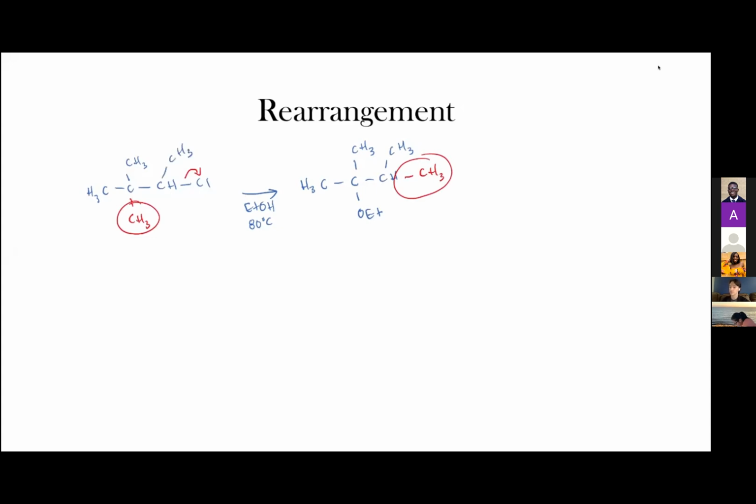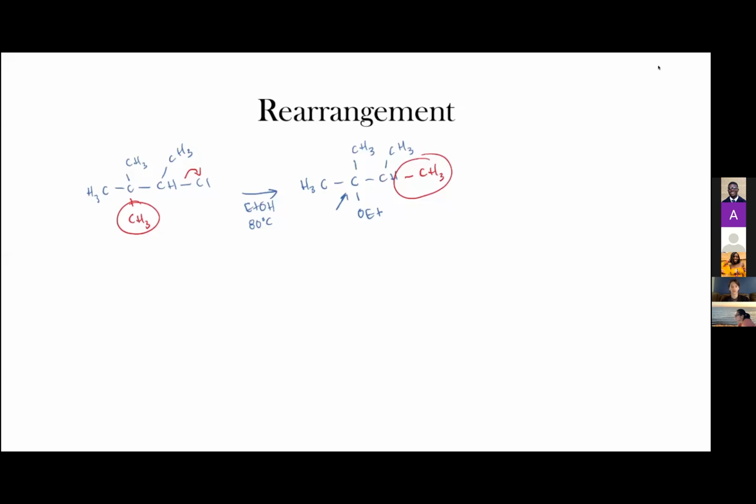When the chlorine leaves, we get a secondary carbocation formed. With this methyl shift, we are then able to create a tertiary carbocation on the next carbon over, and your ethanol, your solvent, is then going to substitute at that carbon in which the methyl group left.